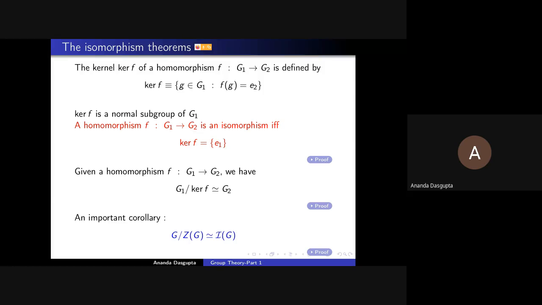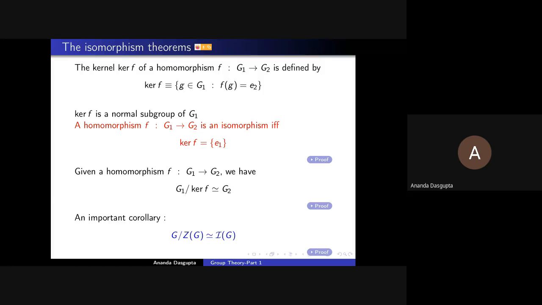And if the group is abelian, then the entire group is Z(G). But if the group is non-abelian, even then there will be multiple elements which all commute with every element in the group. And they will all form a normal subgroup of the group G called the center.